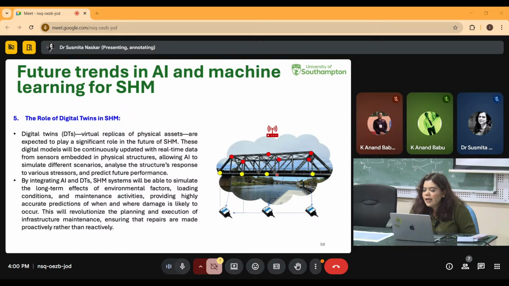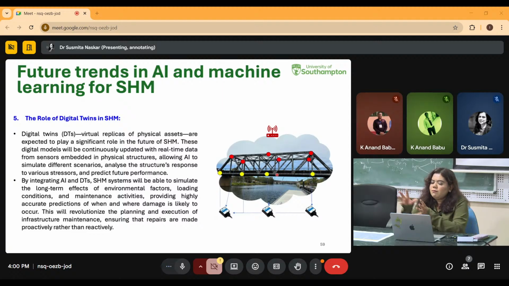This will allow the AI to simulate different scenarios, analyze the structure's response to stress, and also predict future performance, right? So by integrating AI and DTs, structural health monitoring systems will be able to simulate the long-term effects of environmental factors, loading conditions, and maintenance.